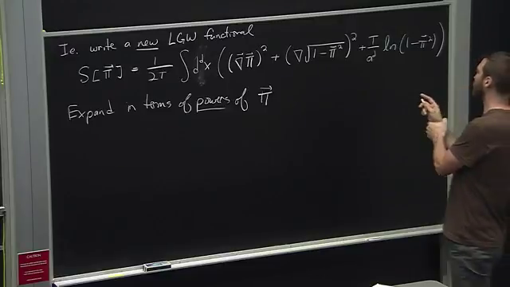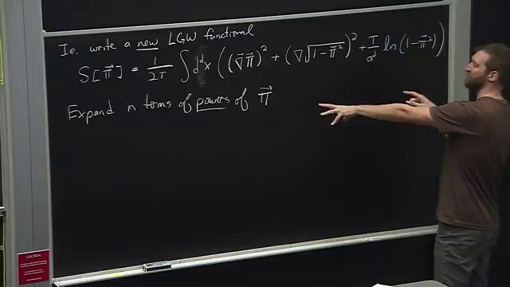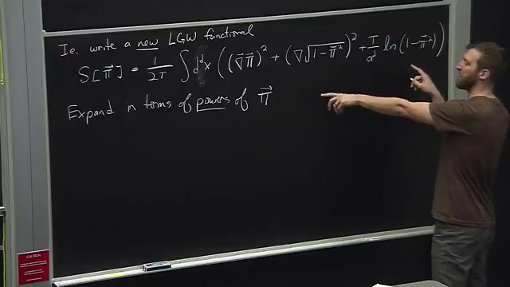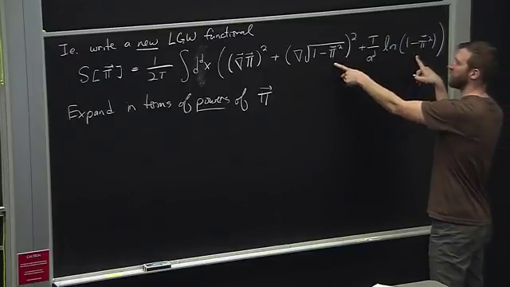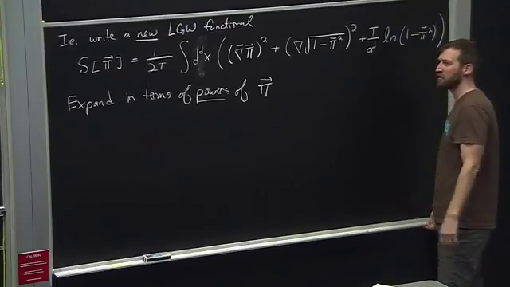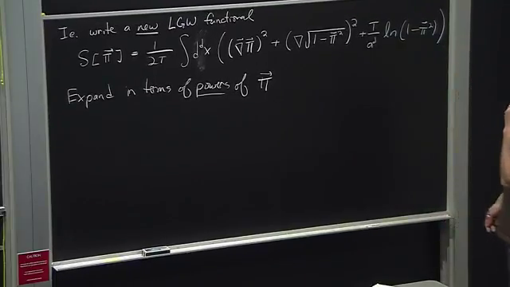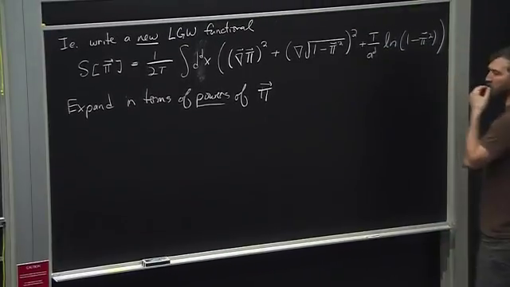And we're going to use that idea of expanding in powers of pi to get rid of the nonlinearity in these terms, or at least the functional dependence on the square root and the log.